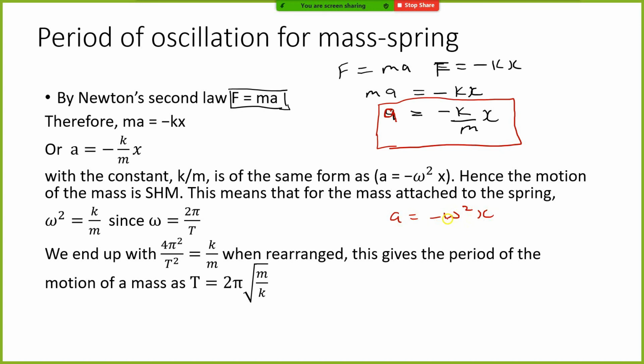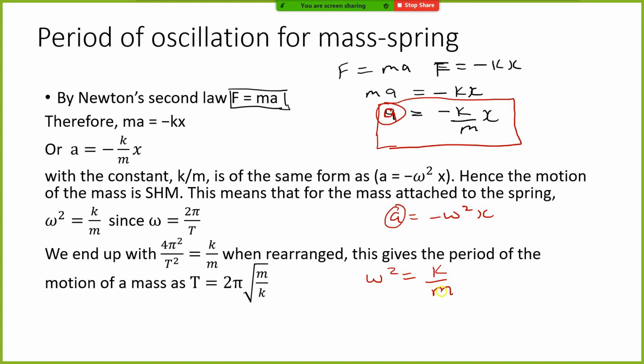Because the equations are in the same form, if we look at them in parallel, you can see that A is equal to A, omega squared is equal to K divided by M, and X is equal to X. So if we equate them, omega squared is equal to K divided by M.